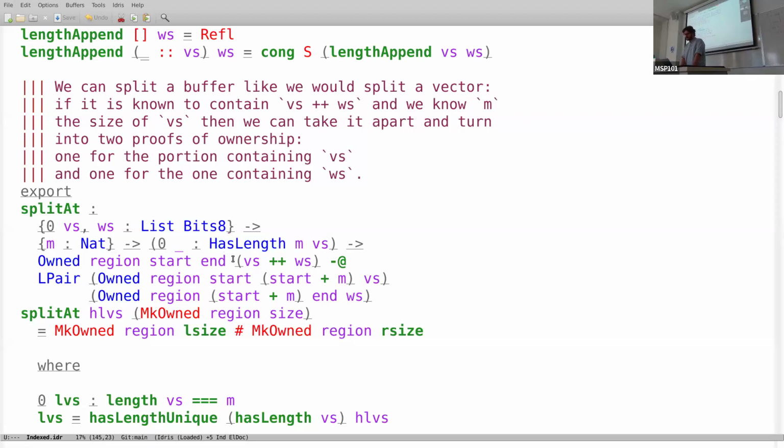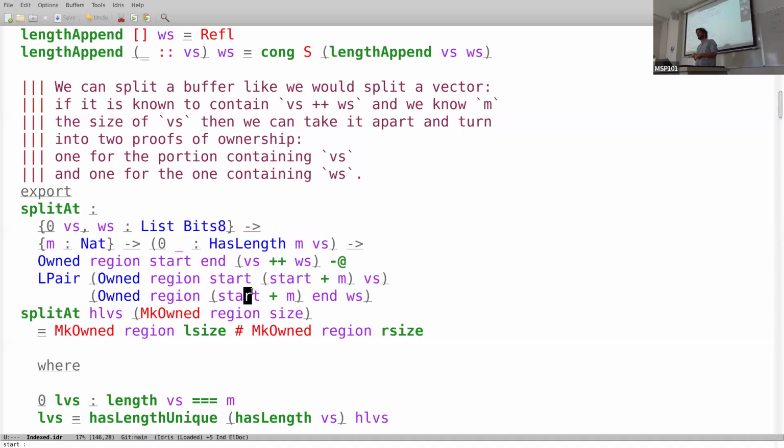And so the linearity here is a bit annoying, because what we really want to talk about, in a sense, is uniqueness, right? We want to say that these proofs of ownership we have, meaning that we can act on the region, are unique. And therefore, if we make a modification locally, other people can work on their own slices of the buffer, and they will never interact.